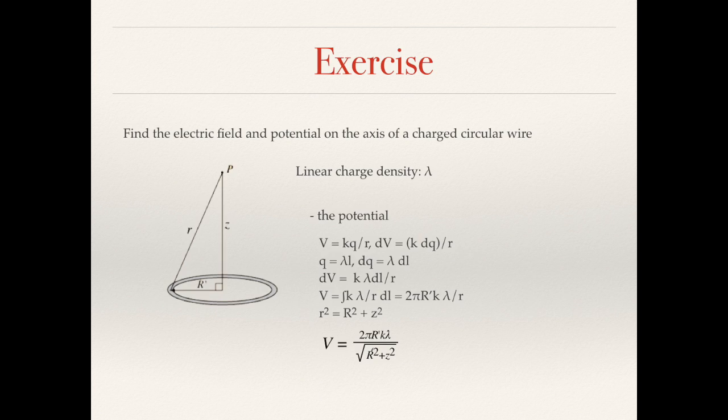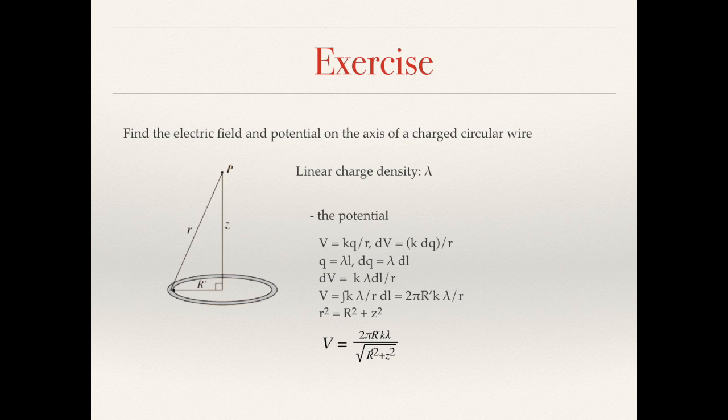So now let's deal with a harder part, which is the potential on the axis of the circular wire. Now we are going to calculate the electric potential at point P. And as is shown in the picture on the left, point P has a distance r from the circular wire and a distance z from the center of the wire. And again, we need to divide this wire into many small parts, dl.